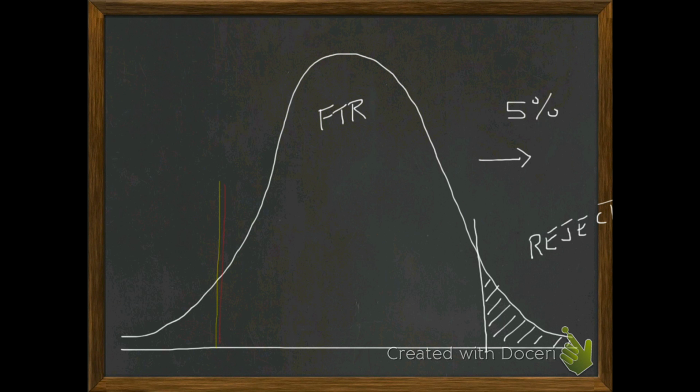We're looking for the value that separates out the middle 95% of our distribution. So in other words, we have 2.5% of our distribution to the left, and we have 2.5% of our distribution to the right.